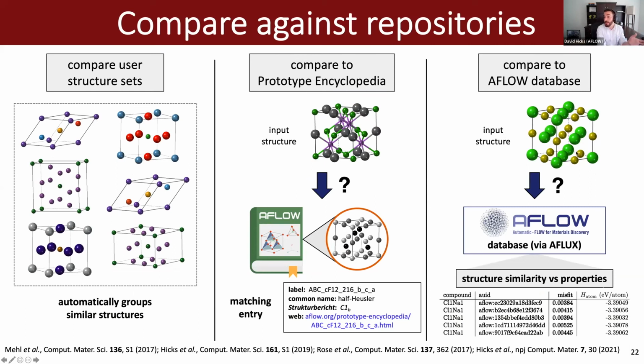And the same can be done for the database. So you can input a structure and check to see if it matches to anything in the aflow.org repository. And it'll give you all the similar structures. And you can also print out their properties. So you can kind of glean this structural similarity versus properties to see that similar structures might have similar properties.